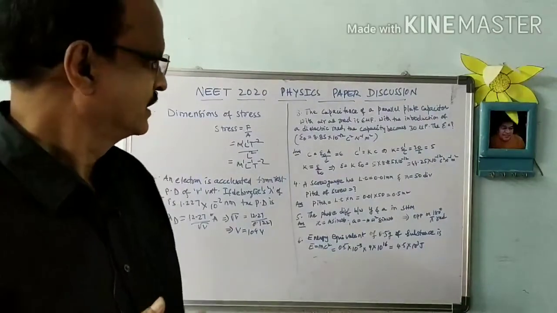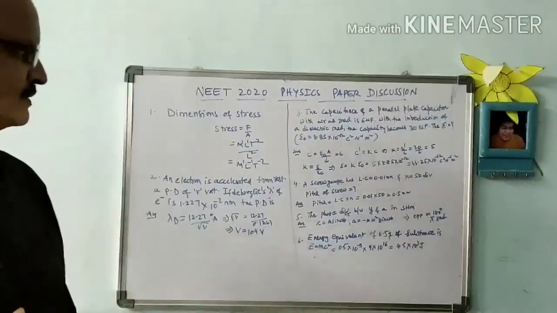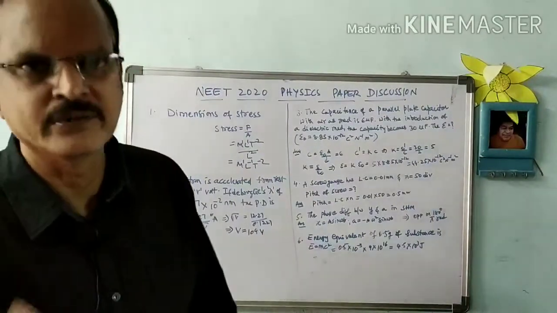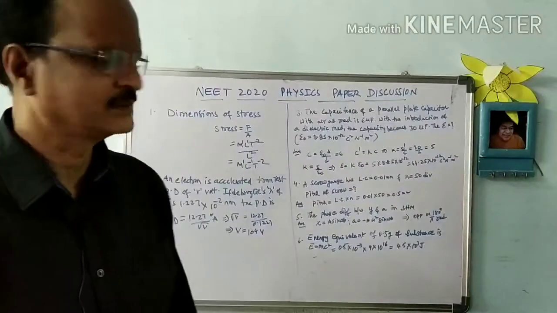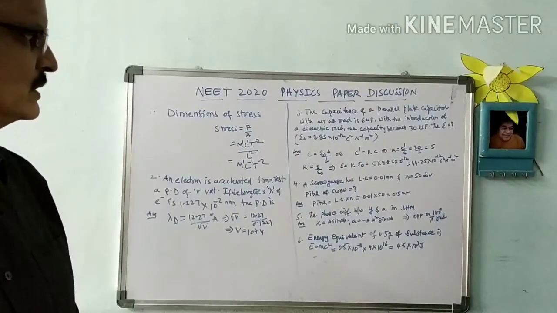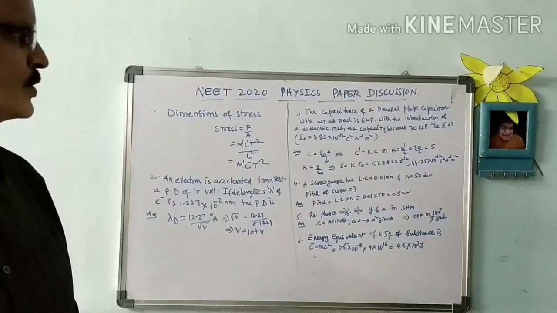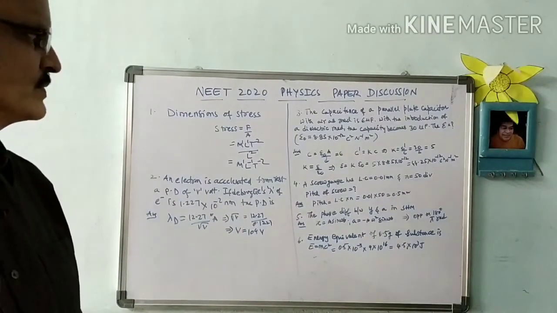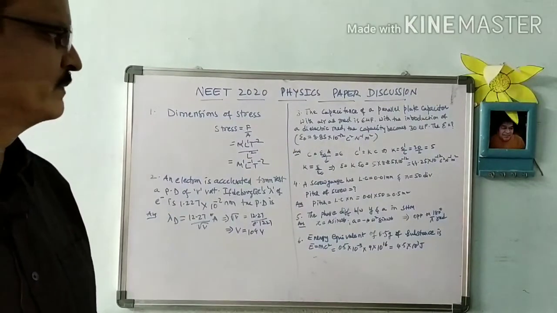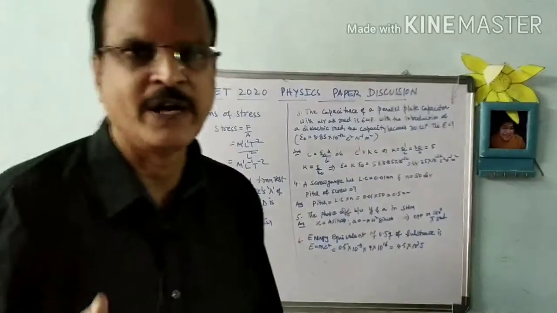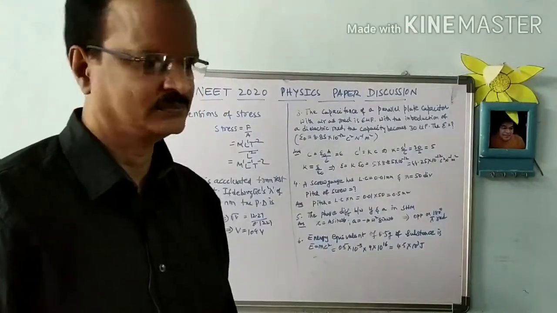Not only that, if you observe the fourth question, it is in the instruments topic. A screw gauge has a least count of 0.01 millimeters and the number of divisions is 50 on the screw gauge. He asked us to find the pitch of the screw.